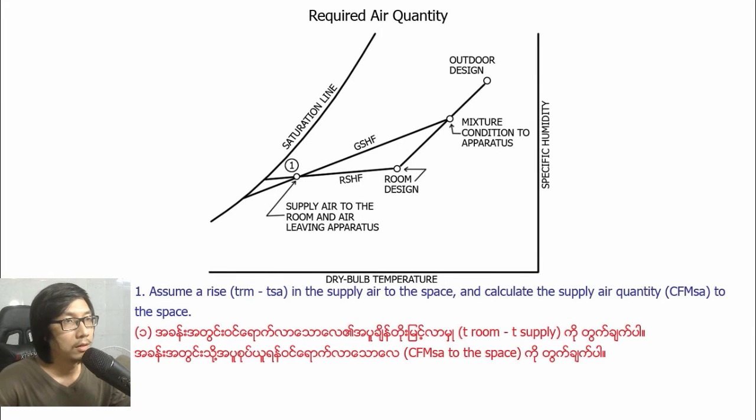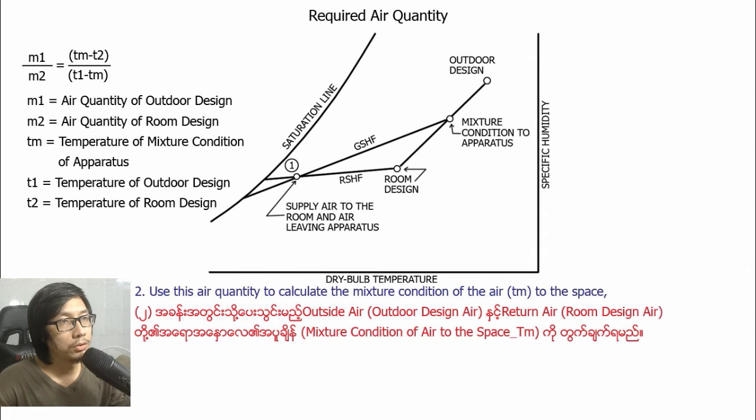Number 1. Assume a rise, temperature of room TRM minus temperature of supply air TSA, in the supply air to the space, and calculate the supply air quantity CFM SA to the space. Number 2.